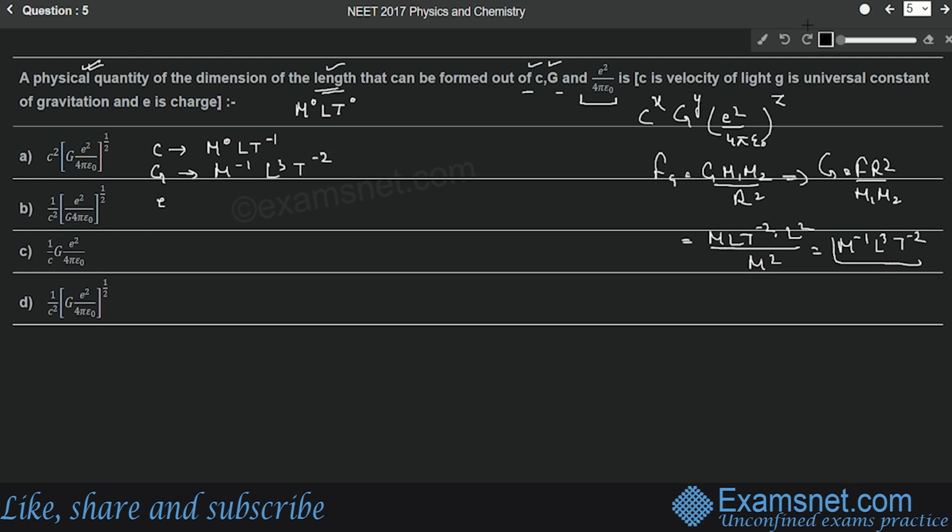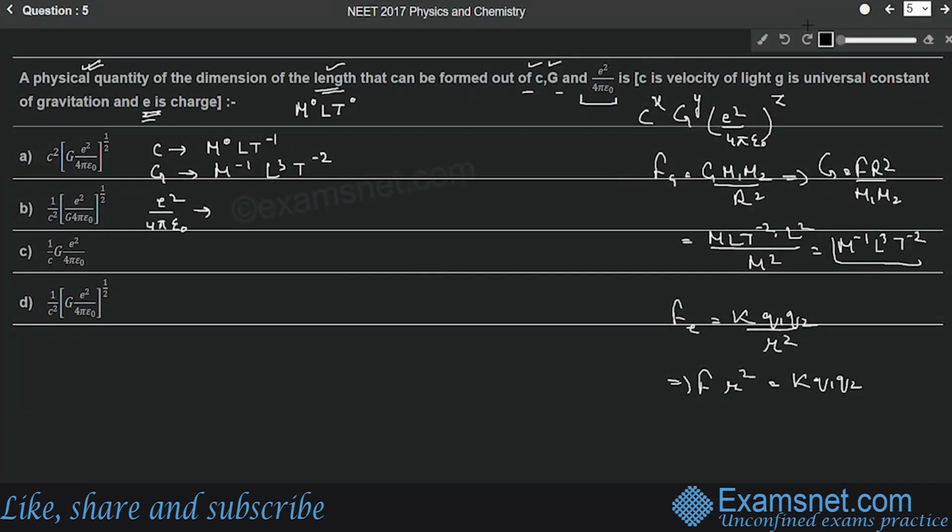Similarly, we'll write the dimension of e square upon 4 pi epsilon naught. So this we can find using the formula for electrostatic force. We know that electrostatic force is equal to K into Q1 Q2 upon R square. Okay, so F into R square will be equal to K Q1 Q2. Okay, and in this question it is given that E is the charge.